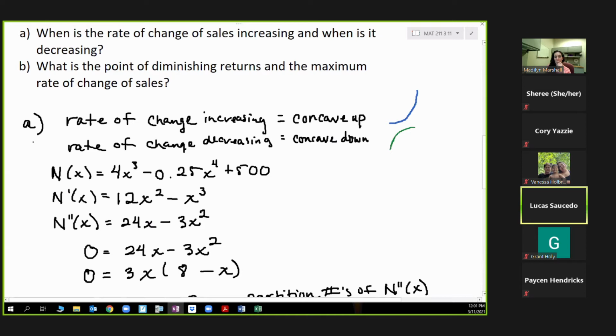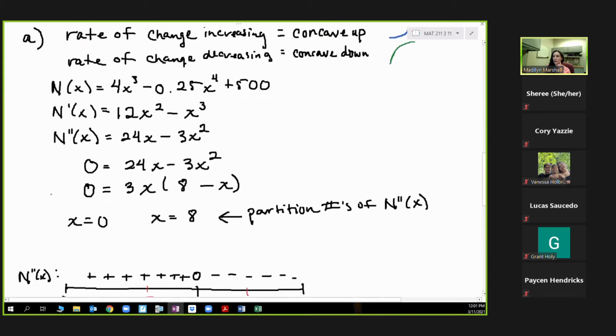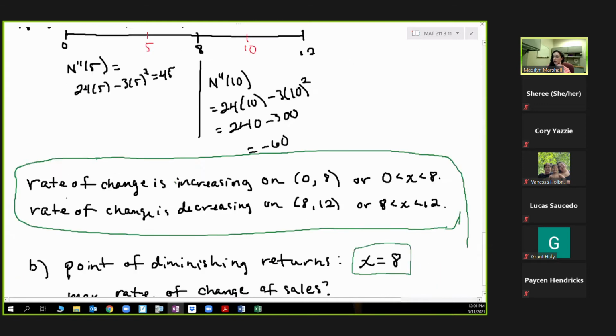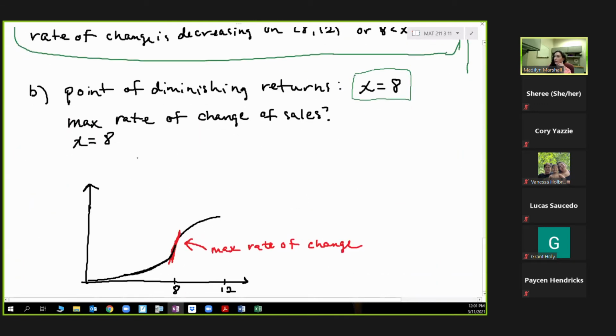The first derivative? Yes, exactly. Anytime we hear rate of change of our function, which is sales in this case, the first derivative is what we're looking at. So our first derivative is 12x squared minus x cubed.